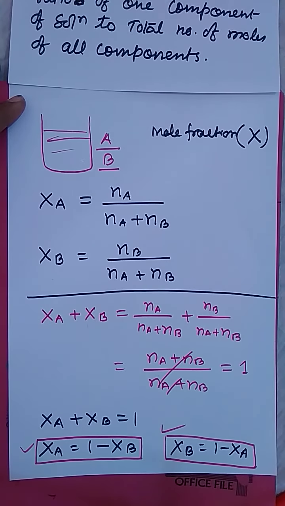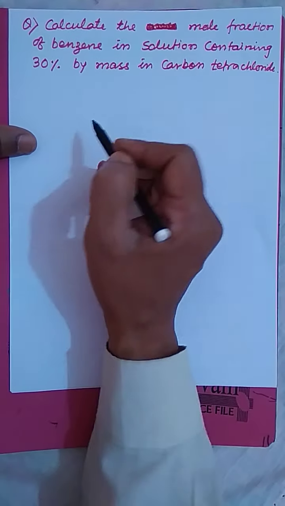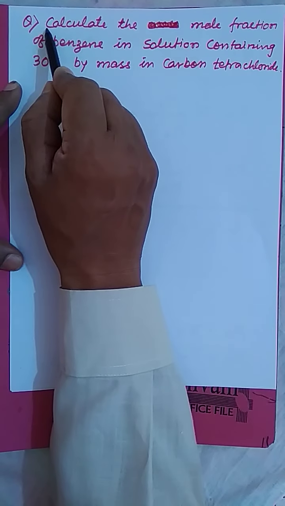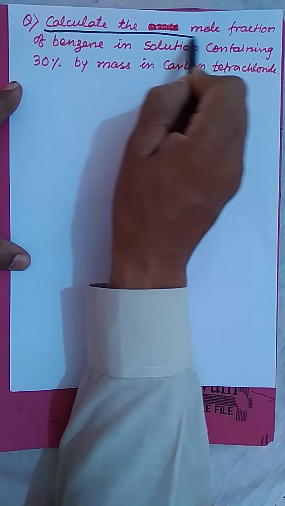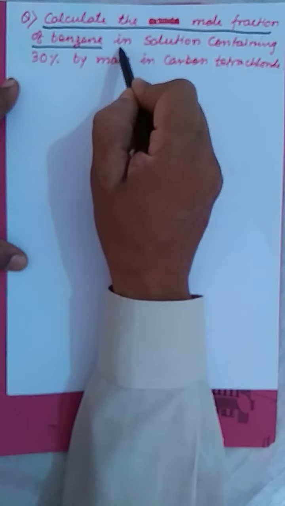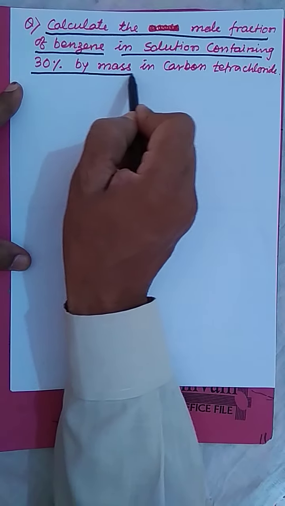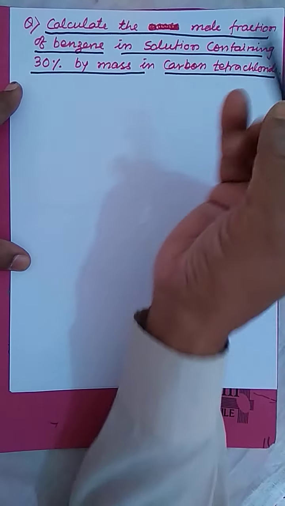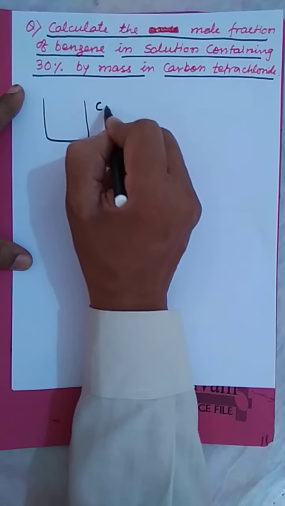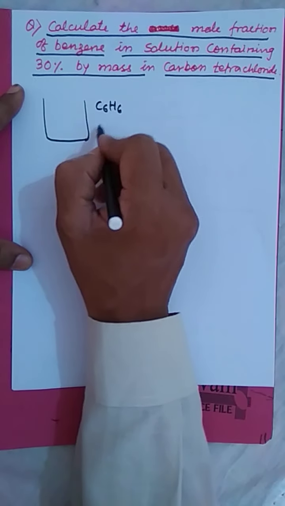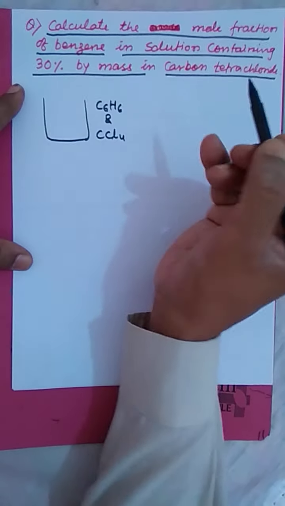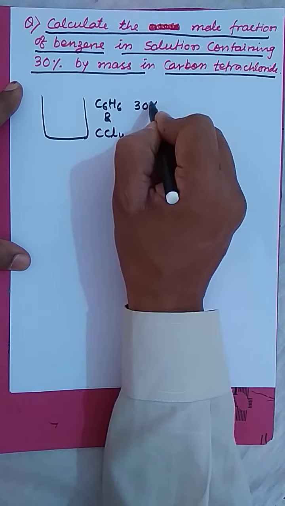Okay friends, now we have taken a numerical problem related to mole fraction. Here, calculate the mole fraction of benzene in a solution containing 30% by mass benzene in carbon tetrachloride. That means there is a solution of benzene C6H6 and CCl4, right? And here this is 30%.